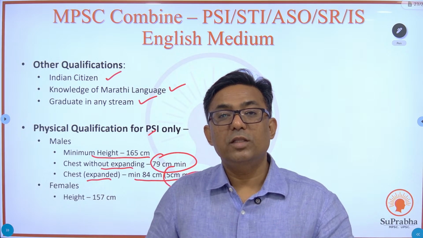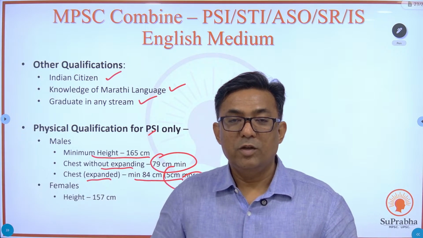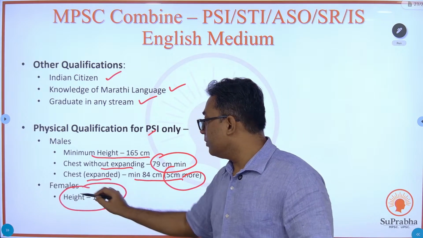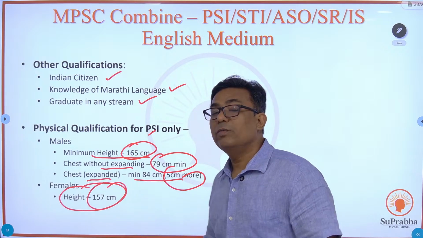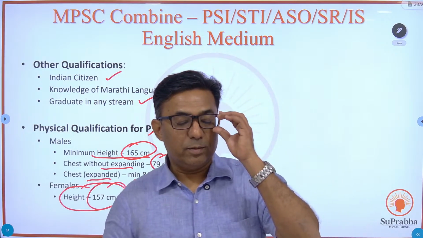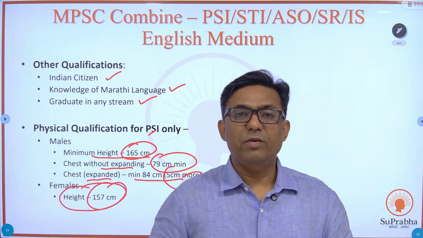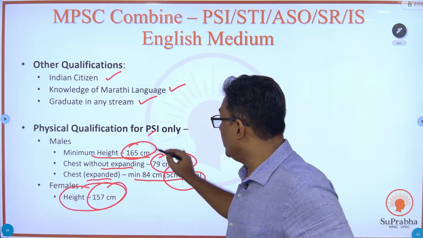After expansion, the expansion should be literally 5 centimeters plus for males. Females, the height is 157 centimeters. So if you're going for the PSI post, just initially check whether you fit into the height criteria. Okay, बाकीचे जे running and long jump and everything, that can be developed over a period of time, but at least minimum the height criteria you should fit into over here.